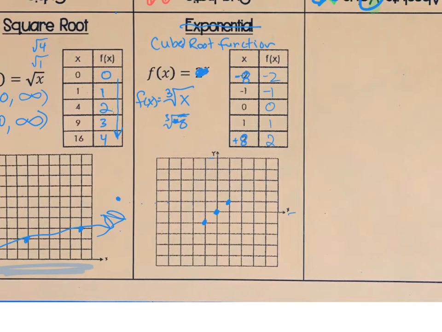And negative 2. So that's going to be about there. And this is 2. So 2, 4, 6. That's going to be way over here. So this graph looks kind of like that. I can't get the curve really pretty with the iPad, but you get the idea.